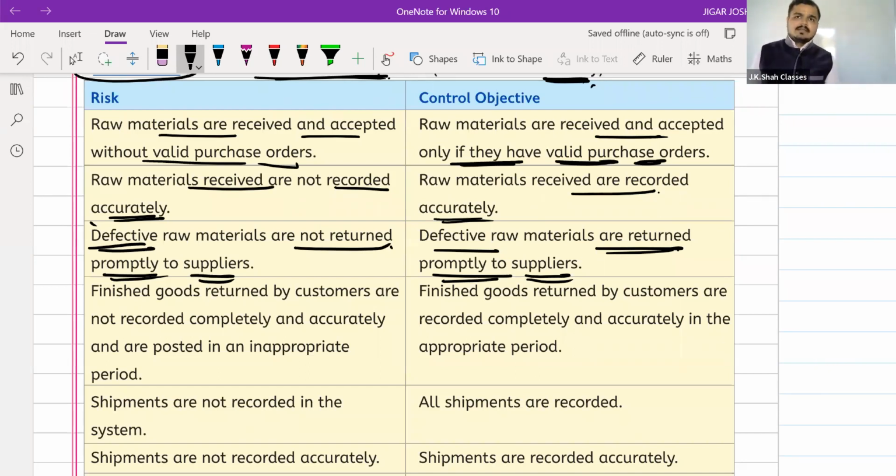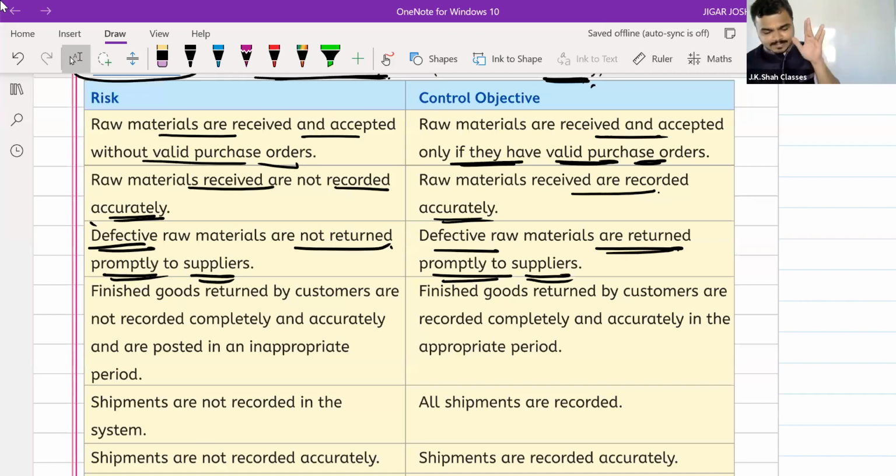Suppose we prepare the finished goods and send them to the customer. Suppose the customer rejects it. Then we are required to record it in an appropriate period and accurately. But if these things do not happen, it's a risk.